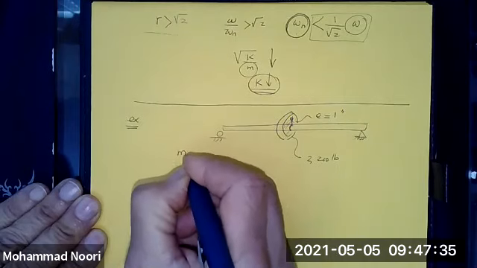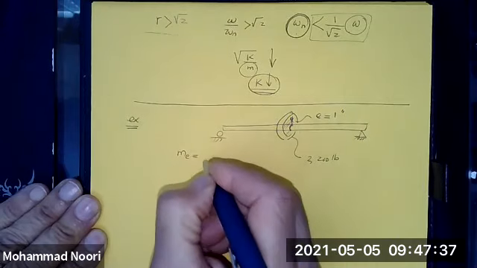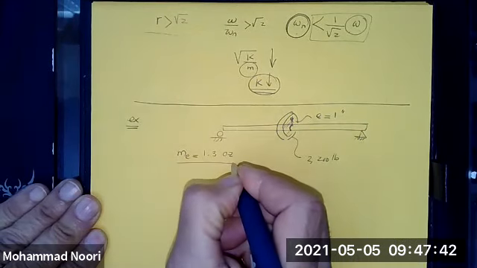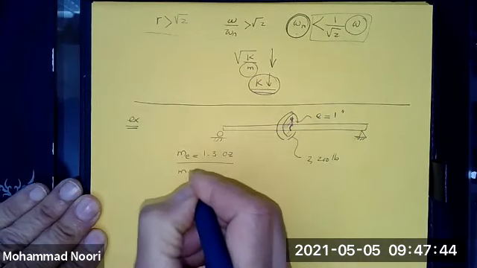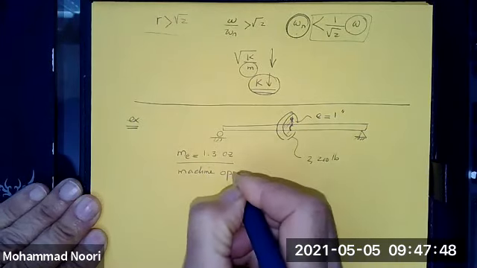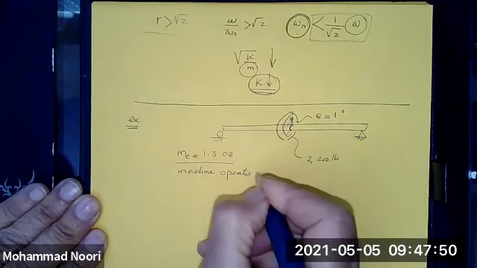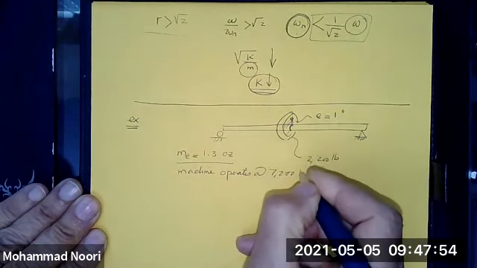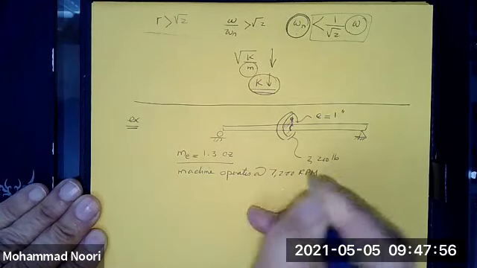And the mass of this rotating unbalance is 1.3 ounces. The machine operates at 7,200 RPM.